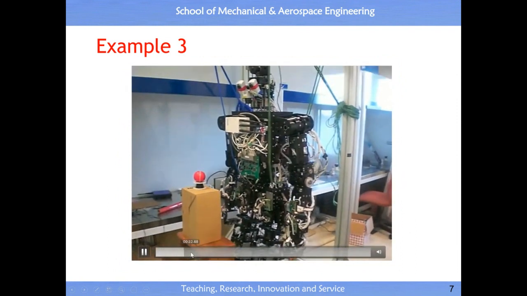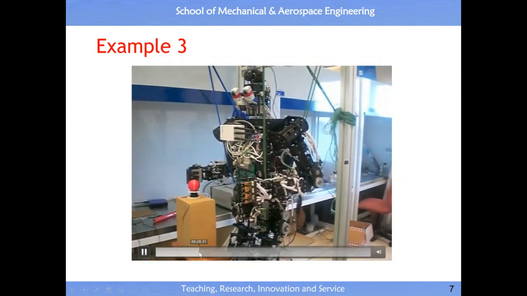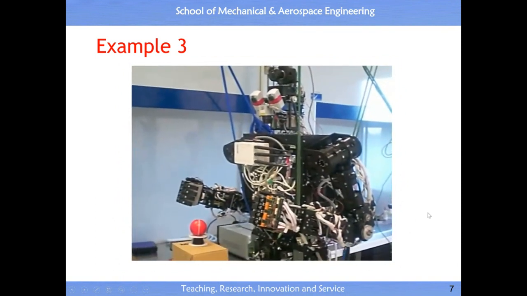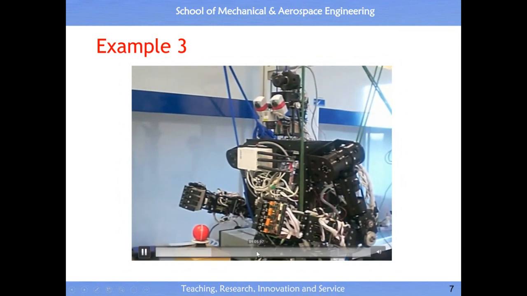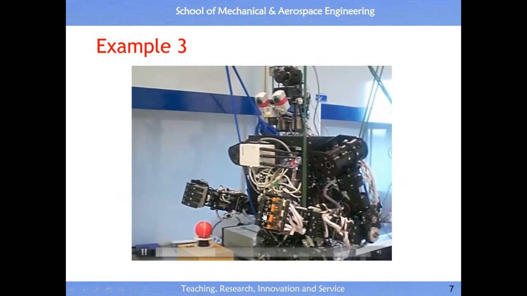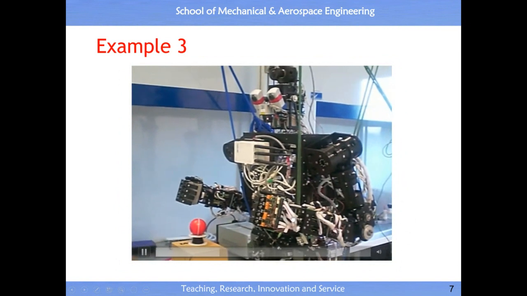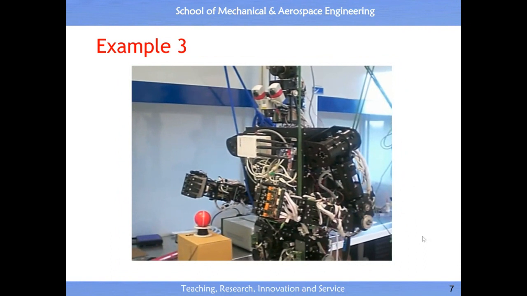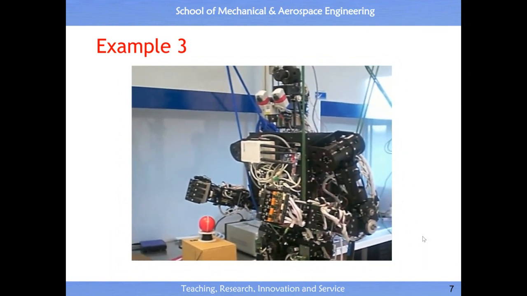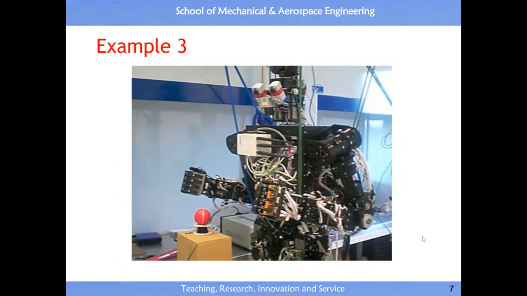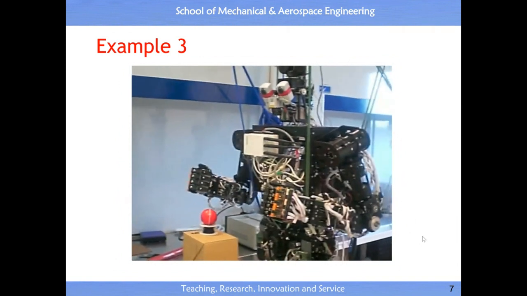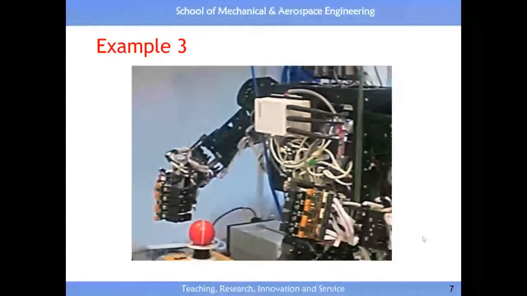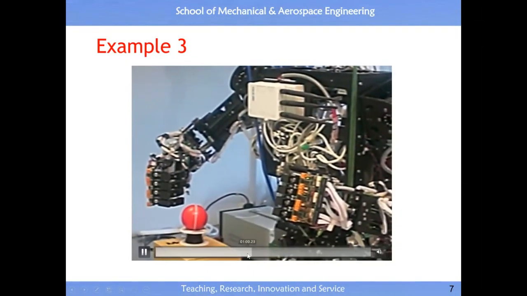So I quickly run through it. You will see inside the body of this robot there may be many microprocessors. For example, to control the finger of the robotic hand, we may use microcontrollers to do feedback control. Now I get the object's position. Now I move my arm to approach the object.